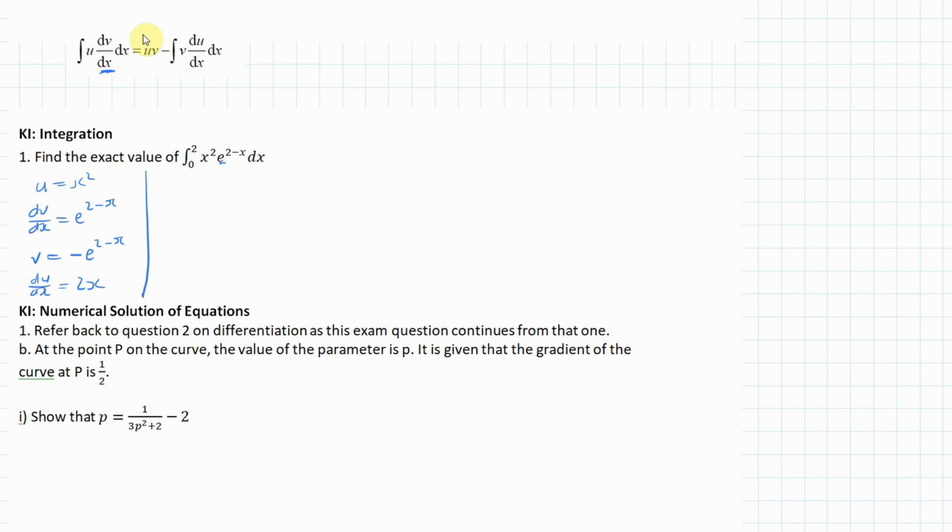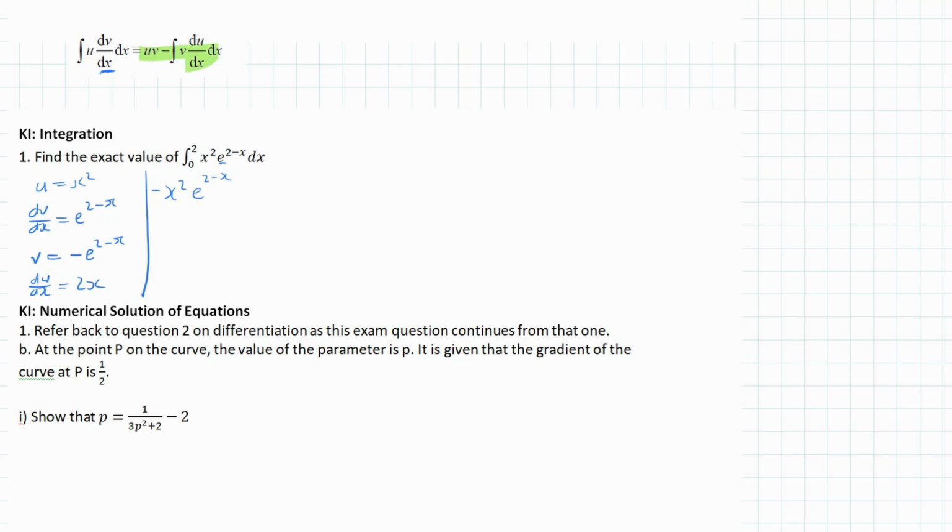Now we're ready for the first step in this integration by parts. So uv is x squared times v, and v is minus e to the 2 minus x.